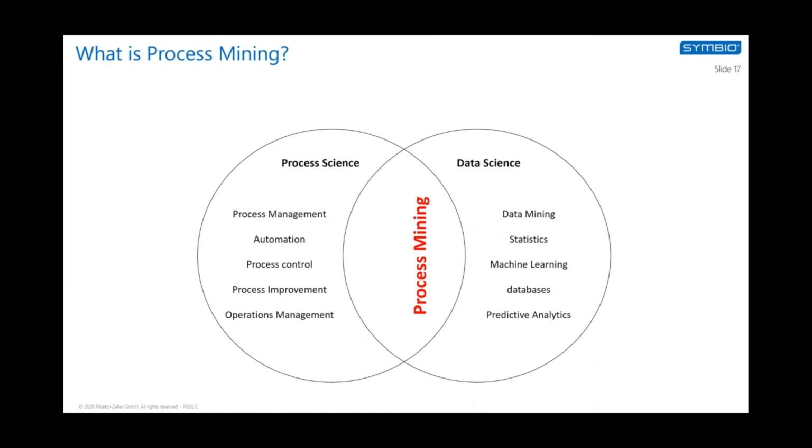It is bringing process-related topics such as process management, automation, process control, and so on, closer to data-related topics such as data mining, statistics, machine learning, etc. If you go to the next slide.